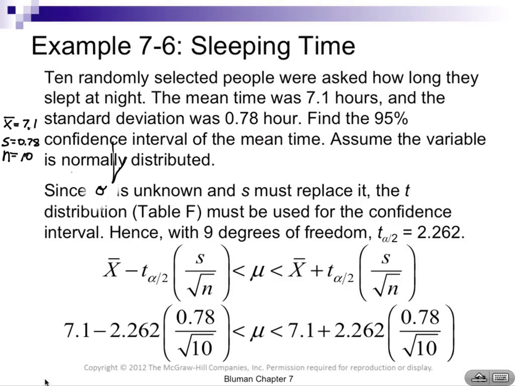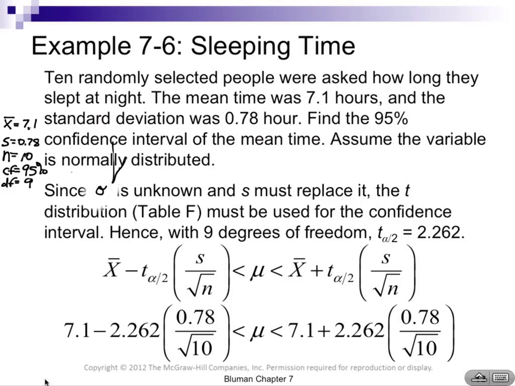And we want a 95% confidence interval. We need to know that for the table. And our degrees of freedom is 9, 10 minus 1.